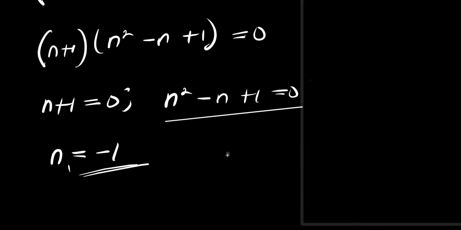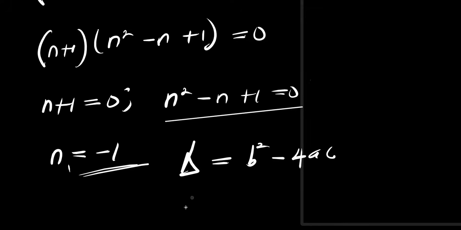I'm going to make use of the discriminant, which is b squared minus 4ac. If this value is less than 0, that means it's a complex solution. If it's greater than 0, that means it's a real value.